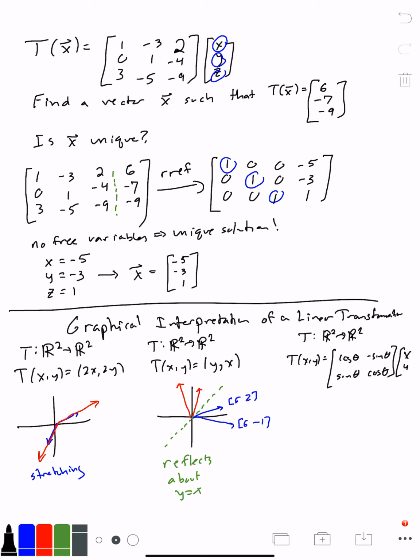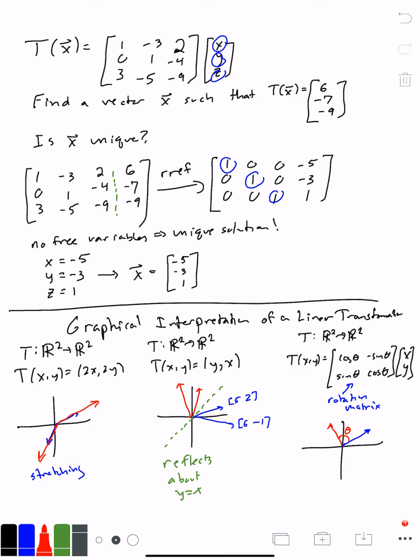This is called the rotation matrix right here. And what this does, if you look at it geometrically, is if you have an input vector, then your output is going to be rotated by an angle theta, counterclockwise.